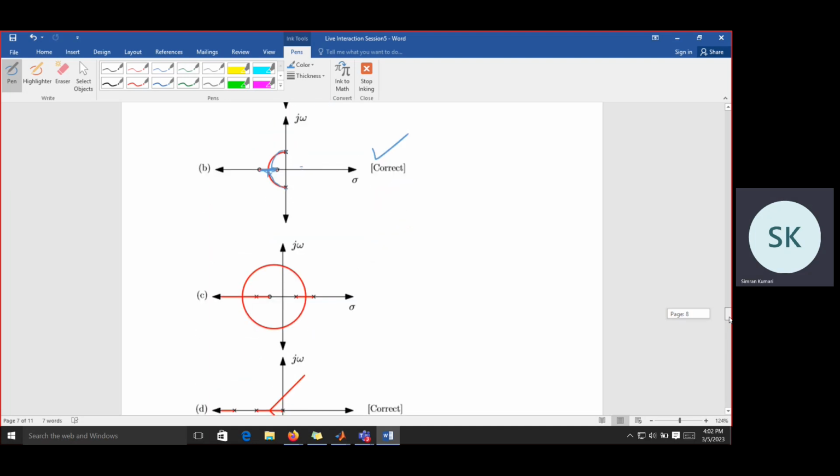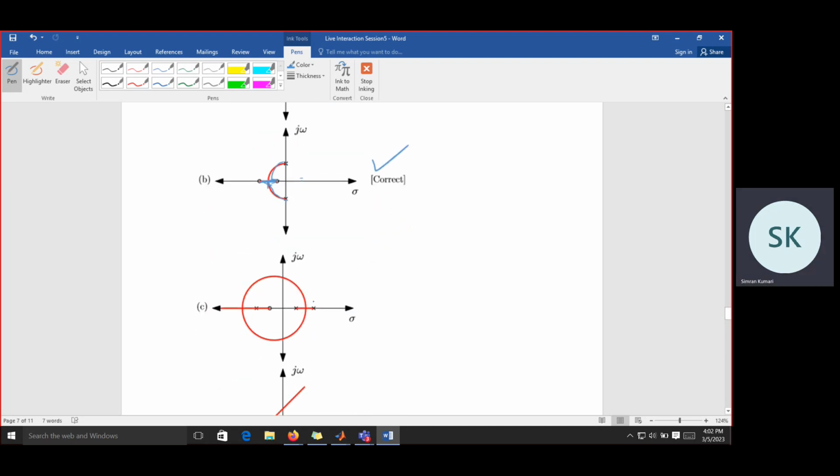Then we have this. So if we see this, we have these 2 poles, 1 pole, 1 zero. Now these 2 poles, there is a breakaway point, it is going here, but first we have to see what part of the real axis will be in the root locus.